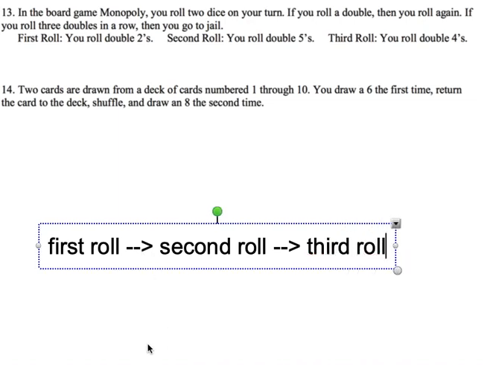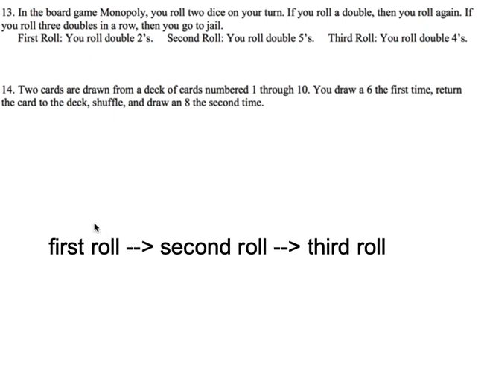Okay, let's think about whether this is independent or dependent. If in the first roll we roll double twos, we do the second roll. Okay, great. What if we'd have rolled something else? If we would have rolled a 5 and a 3, we wouldn't have even rolled the second time. So it is possible that instead we would be done with our turn. So if you don't get doubles, you're done.